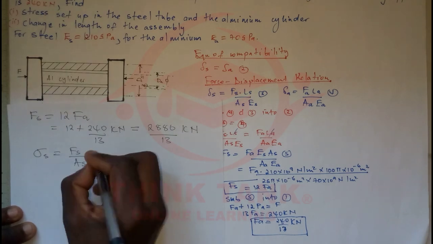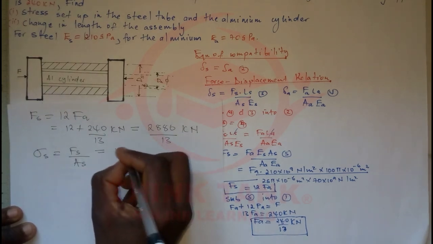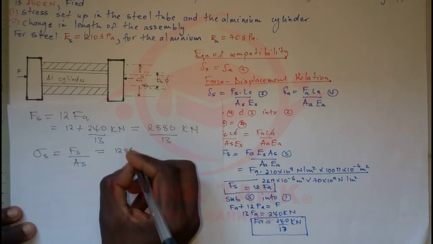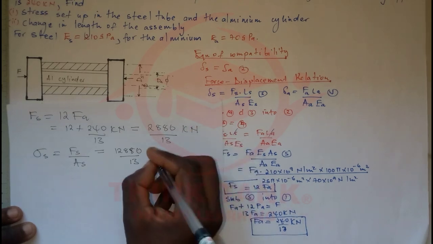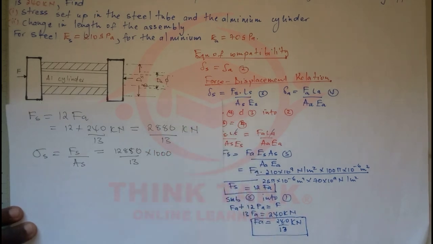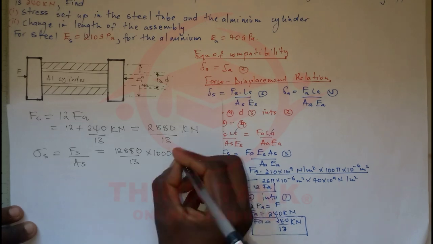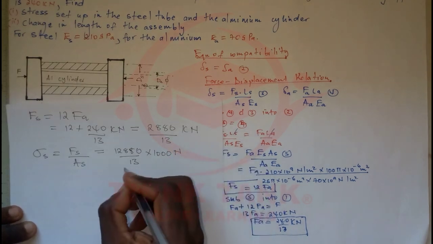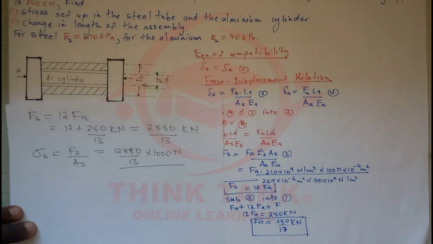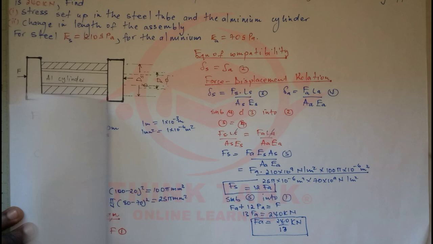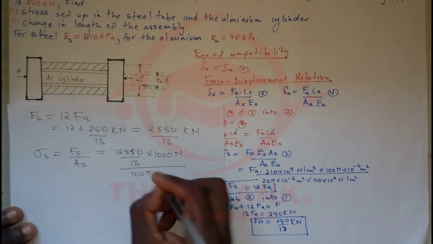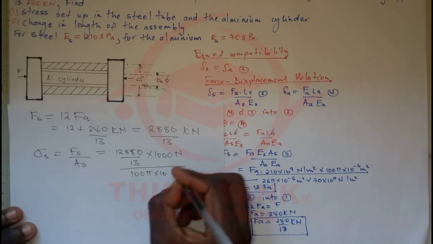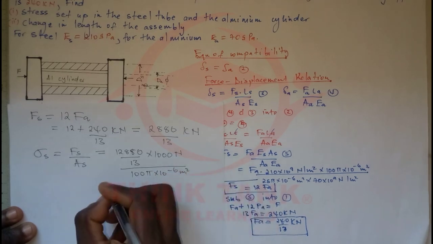area of the steel. So Fs is 2880 divided by 13, but we have kilonewtons, so I'm going to change it to newtons by multiplying by 10 to the power 3. I'm going to divide this by the cross-sectional area of the steel, As, which is 100 pi times 10 to the power negative 6 meters squared.